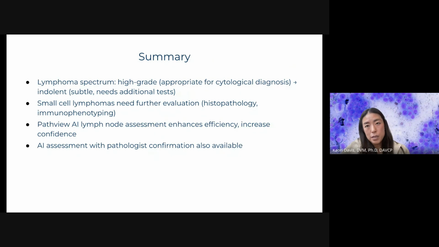So oftentimes it will require additional testing, including histopathology. PathView AI lymph node assessment will enhance efficiency, and it can also increase your confidence at your practice. And in the future, AI assessment with the pathologist confirmation will also be available.